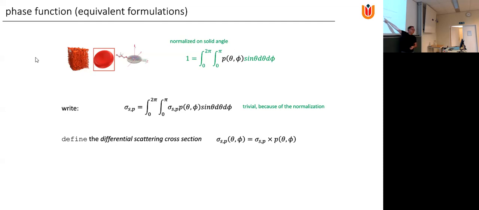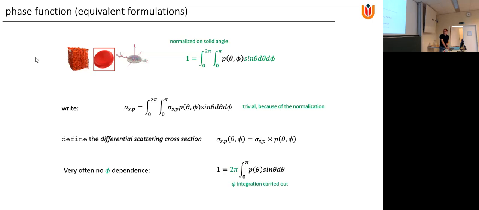One quantity that tells us how strong the scattering is, the scattering cross section, and one quantity, the phase function, that tells us about the angular redistribution. So it's not really very exciting here. It is just a little bit of manipulation of the terms in order to separate these two effects.